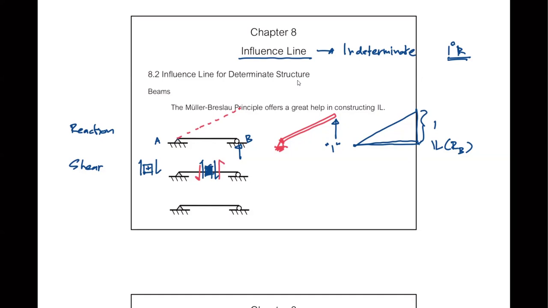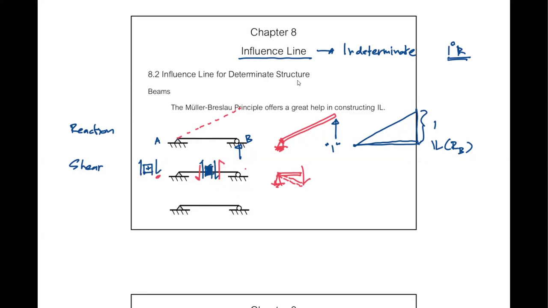Or you can just say, if you look at the left piece, the shear is on the right, so it has to come down because on the right, downward shear is a positive one, right? So that means as a result, this will have to come down. And if you look at the piece on the right, because shear is now on the left, like this one, it has to go up.